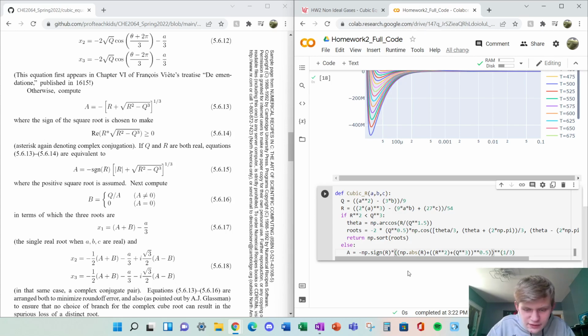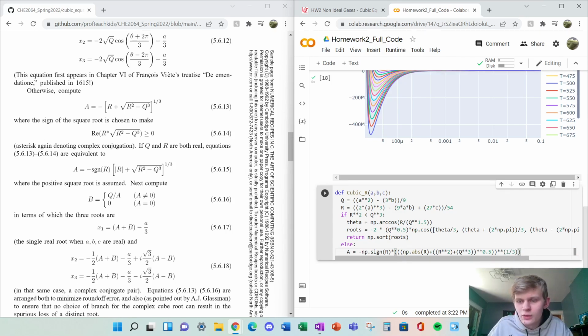Actually, just in case this wants to be a little finicky, I'm just going to have this whole function be multiplied out by our 1/3 value.